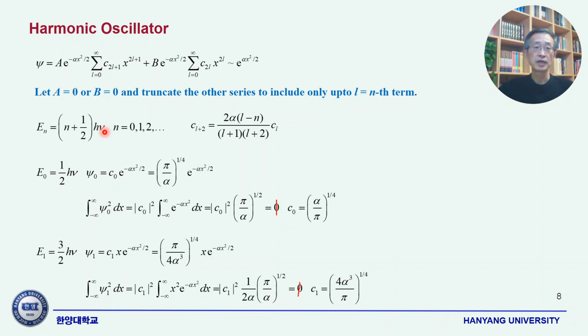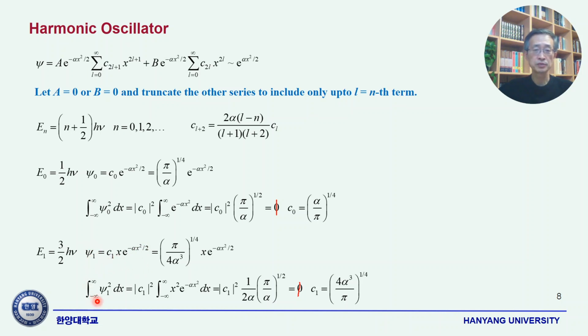Next, n equal 1. Your energy is 3/2 h nu, and in this case B0 is 0, and you include only the first term, C1 x. So C1 x times the exponential term, and then you normalize this and you will obtain C1.